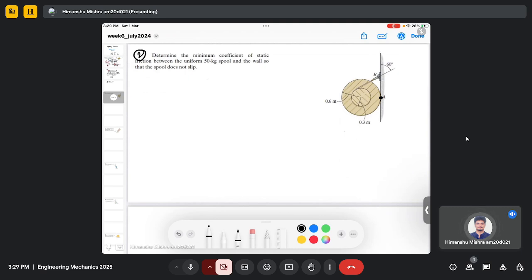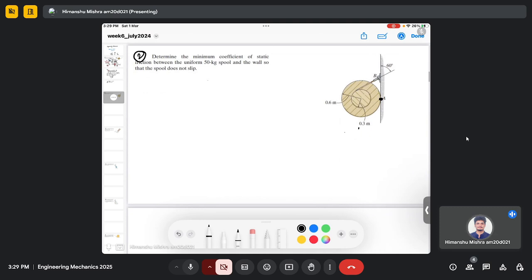When we make the free body diagram, you can see that this spool is trying to go downward due to gravity. So the friction force will act in the upward direction, and since there is contact between this spool and the wall, there will be a normal reaction force at point A.